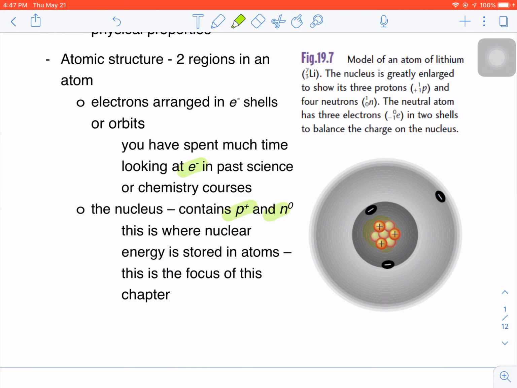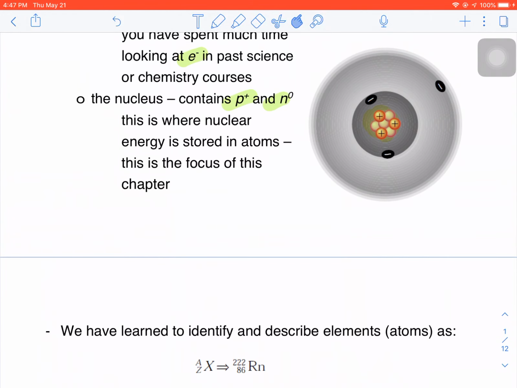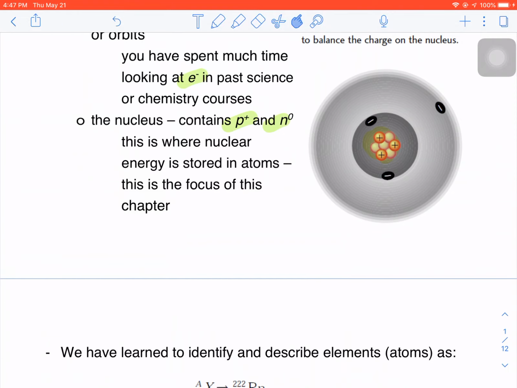Now, one of the things that we learned about in electricity in grade 9 is that opposite charges attract and like charges repel. And one of the things, as we were starting to understand the structure of an atom, was how are these negative charges held inside an atom? We said, well, they've got to be there because they're attracted to the positive nucleus, right?